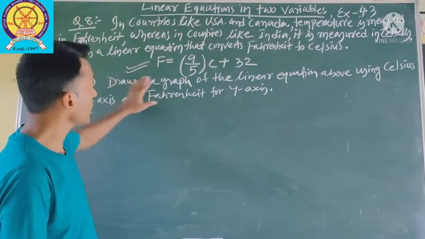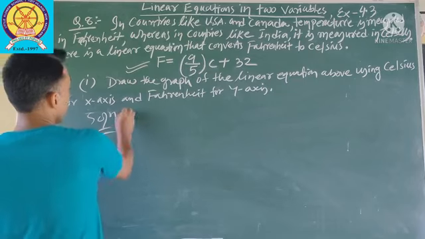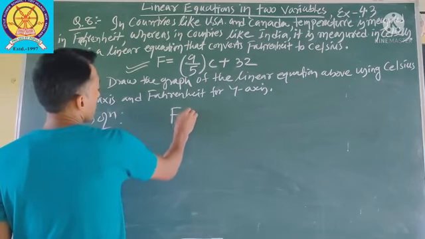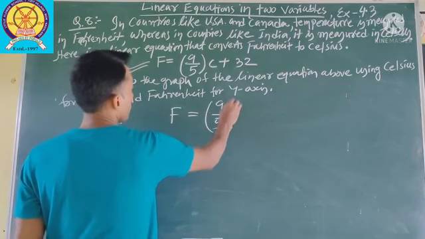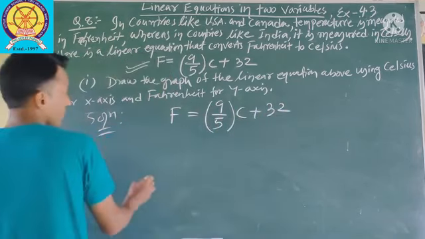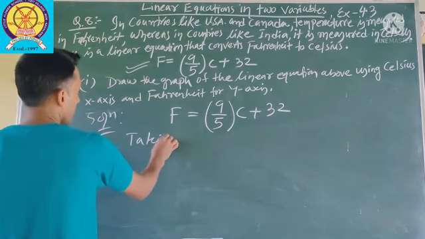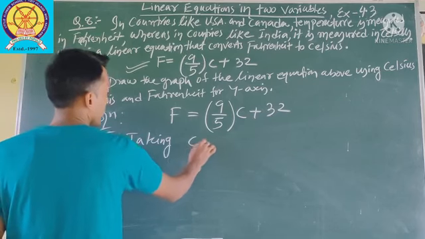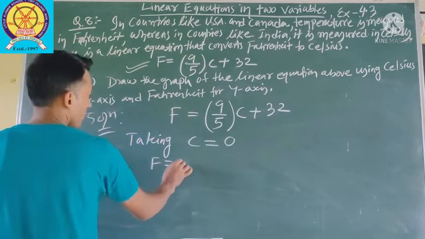So first you see this one. We'll solve now. Your linear equation is Fahrenheit is 9/5 into C plus 32. Now we'll find out the coordinates. Taking Celsius 0, Fahrenheit will be how much?